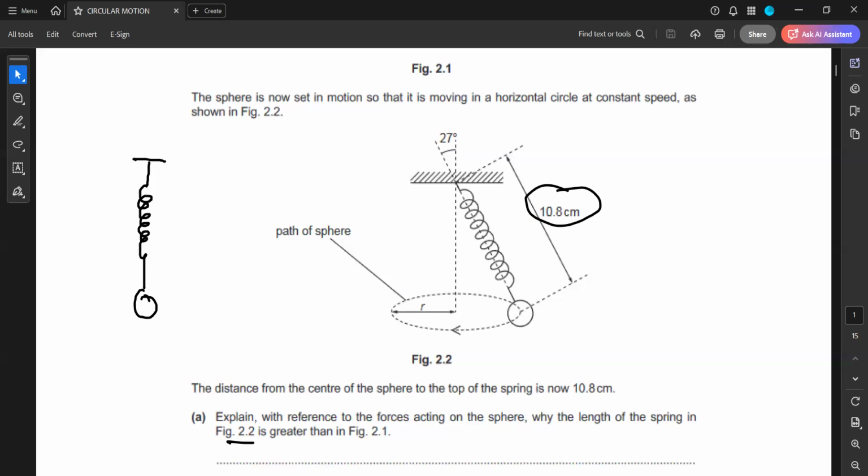As it undergoes circular motion, there will be a force acting towards the center, which we call the centripetal force, and weight is acting downward. When we just hang the object, weight acts downward and tension acts upward, so the weight balances with the tension.